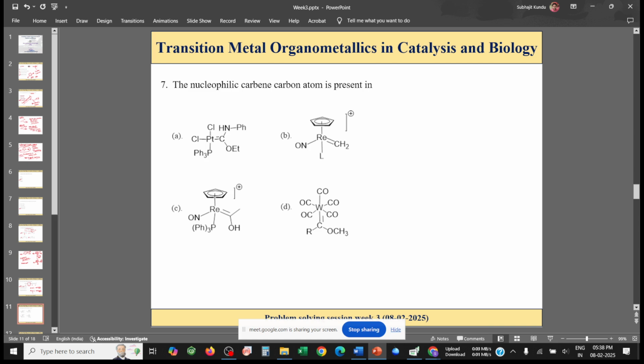Some carbenes act as nucleophilic in nature, some carbenes act as electrophilic in nature. So before going to the options of this question, I have to explain which types of carbene are electrophilic and why, and which types are nucleophilic and again why.